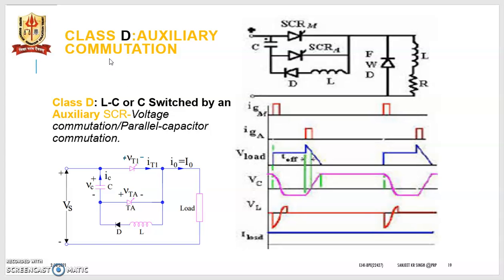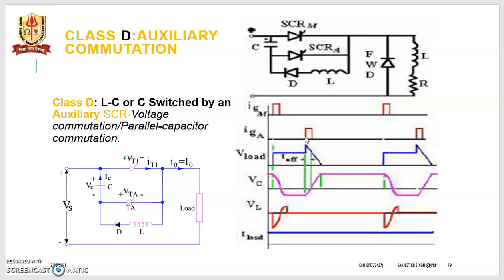These are the types. Class D, that is also called auxiliary commutation. Here T1 is the main thyristor and this is the second auxiliary thyristor, and here is the capacitor. So when we have to turn off this main thyristor which is supplying the load, then we turn on the auxiliary thyristor with the application of a gating pulse or gating signal here.